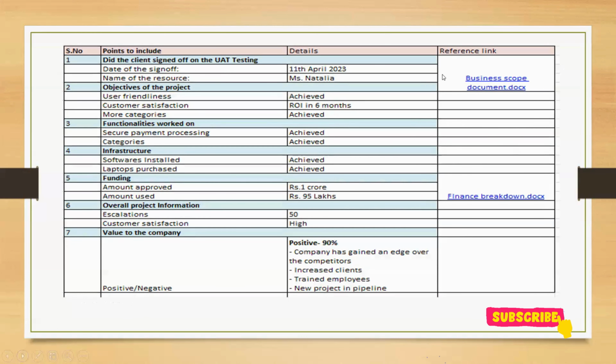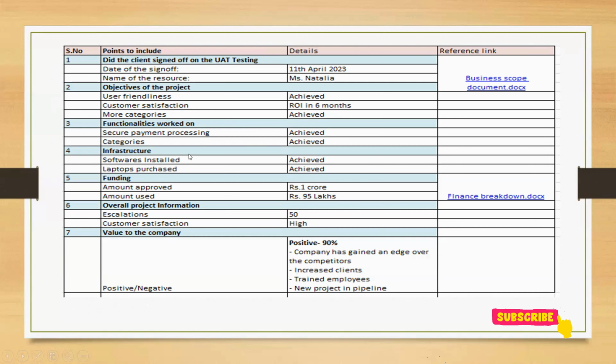Okay, so here we have given a sample project closure document, guys. If you look over here, we have given the serial number, the points to include, details, and the reference. So we have given things like the client sign off on the UAT testing, date of the sign off, name of the resource, objectives of the project, user friendliness achieved, customer satisfaction, and more categories.